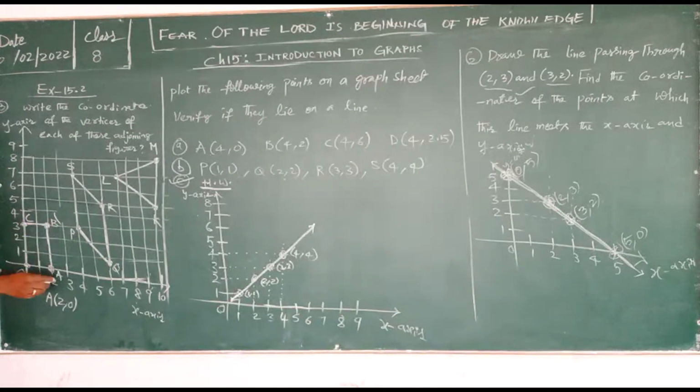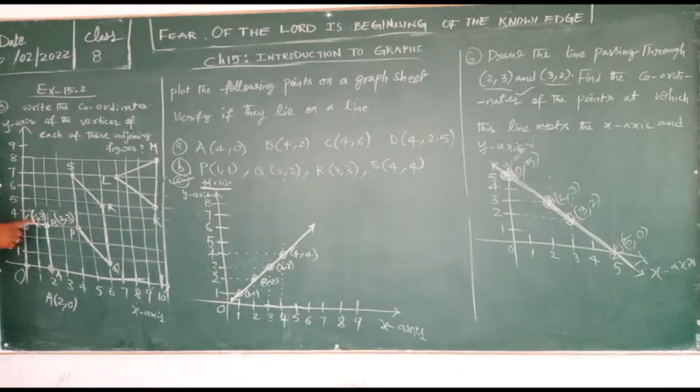So B is x is 2, y is 3. So 2 comma 3. Similarly, C point is how much? C point x is 0, y is 3. So 0 comma 3.